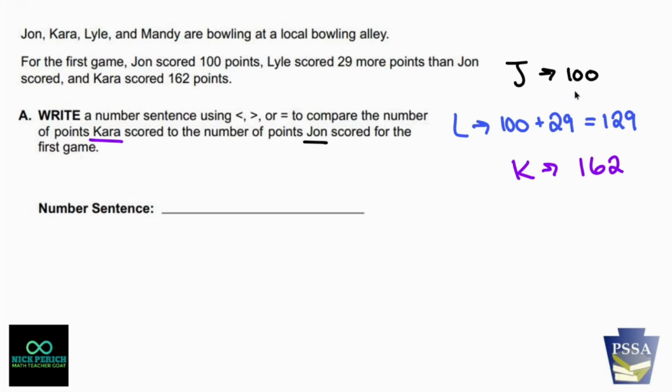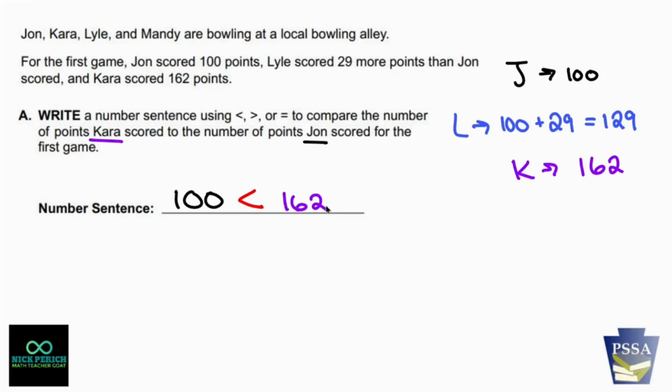John's number is smaller than Kara's number. So I'm going to write out 100 and then 162.